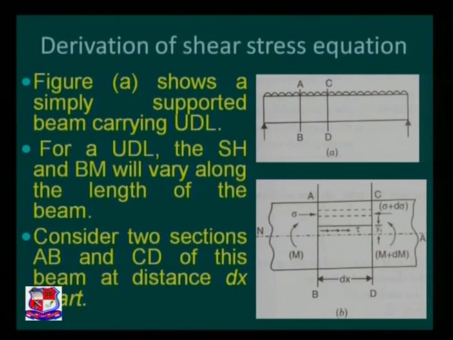Now, to visualize the detail, let us take two sections AB and CD of this beam at a distance dx apart. Between those two sections, clearly visualize figure B: section AB, section CD, and the distance between these two sections is dx.